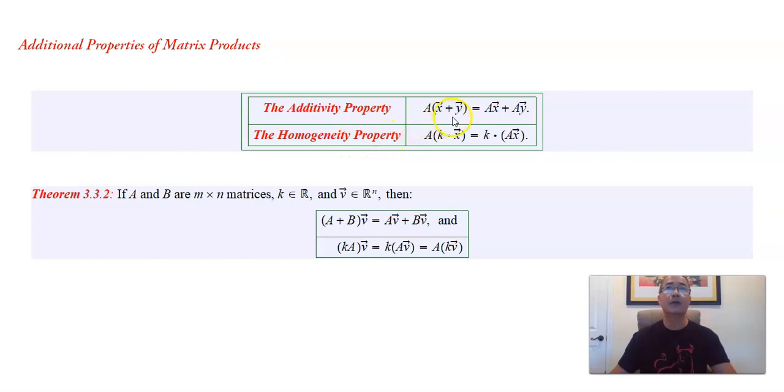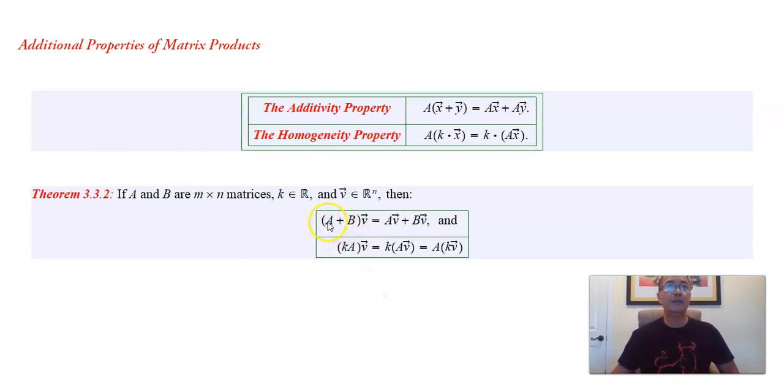So A times (x plus y) is the same as Ax plus Ay. A times (k times x) is the same as k times (Ax). Additivity and homogeneity. Now that we know how to add two matrices together and how to multiply a matrix by a scalar, we have these two additional properties, which are also called additivity and homogeneity, but for slightly different reasons.